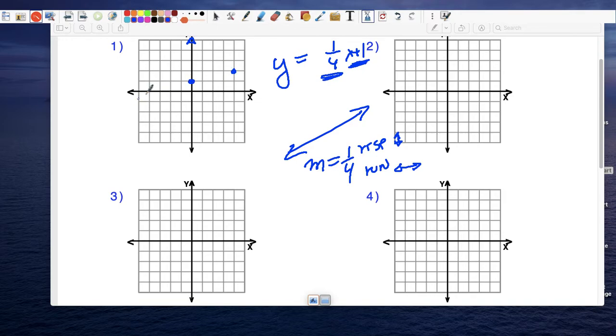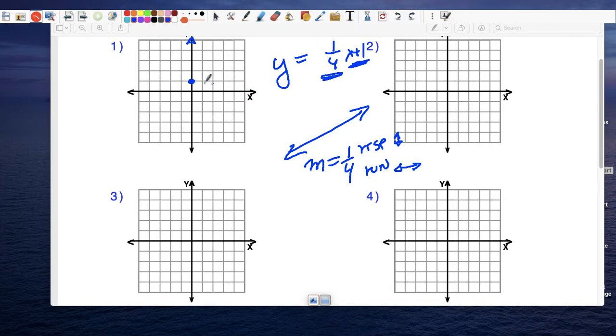Because when I connect these two, it's gonna look like this. If you decided to go up 1 and then left 4, 1, 2, 3, 4, guess what? When you connect those dots, you got a slope that goes down. That would be negative, which is not what we want, because according to the problem, it's positive 1/4.